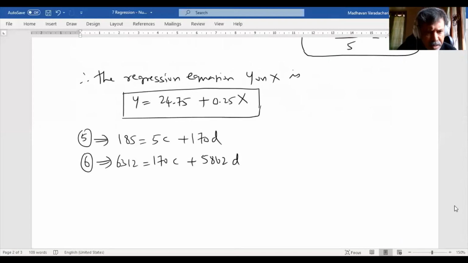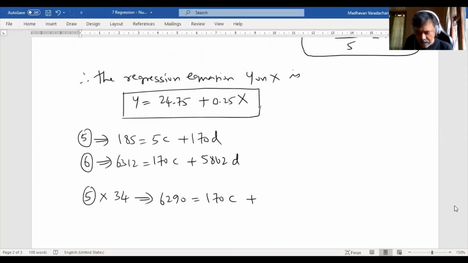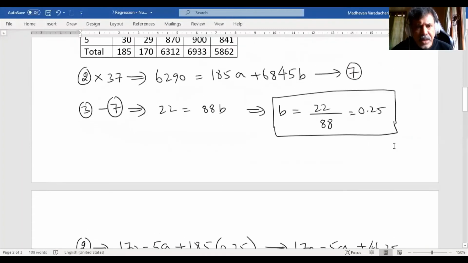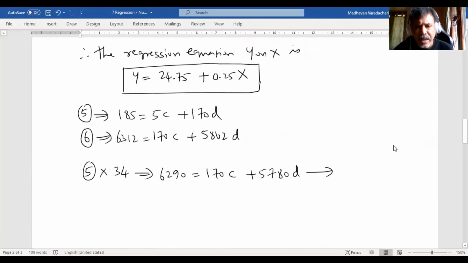So I am going to multiply the fifth equation by 34 to get 34 into 185, which is 6290, equal to 170 times c plus 170 into 34, so it is 5780 times d. I think we already wrote till the 7th equation, so I'll call this the 8th equation.